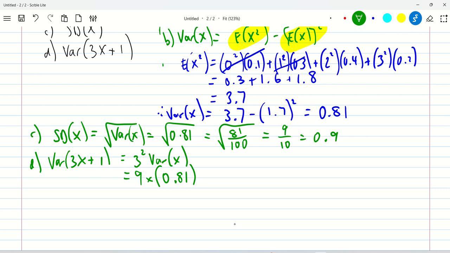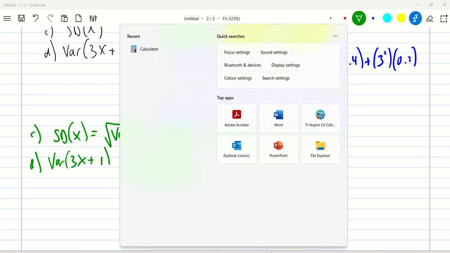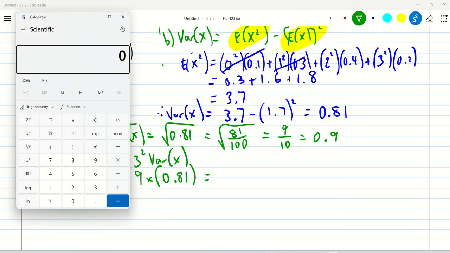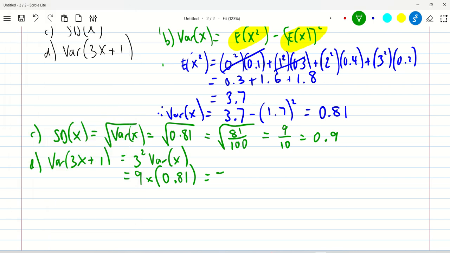Can't do this one in my head. 9 times 0.81, and so that's 7.29. So that's the variance of 3x plus 1.